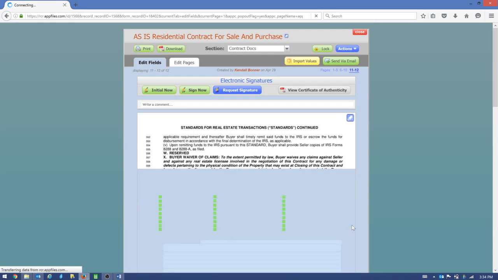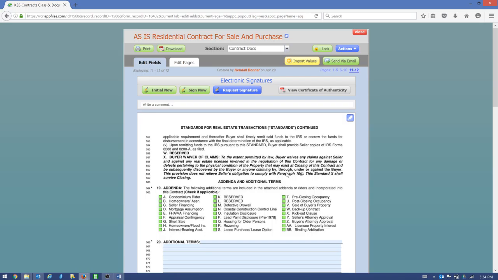Okay, so proving knowledge does make it complicated, but that is usually considered fraud. The F word, that's the big fraud, and it does survive closing.